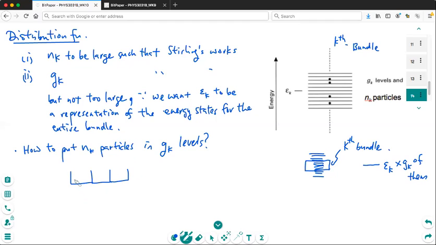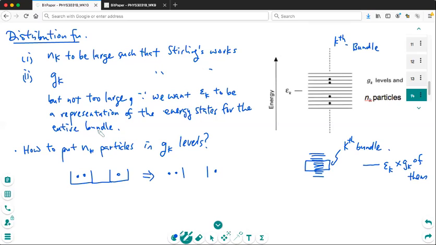Now to uniquely define three boxes, I need two partitions. So I can equally just draw two lines. If I have two particles here, no particle here, one particle here, with two partitions I will be able to uniquely define three boxes.